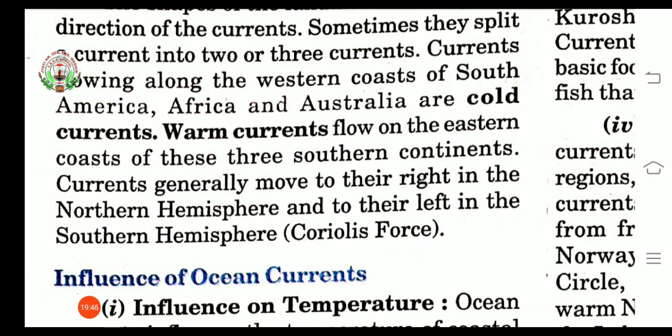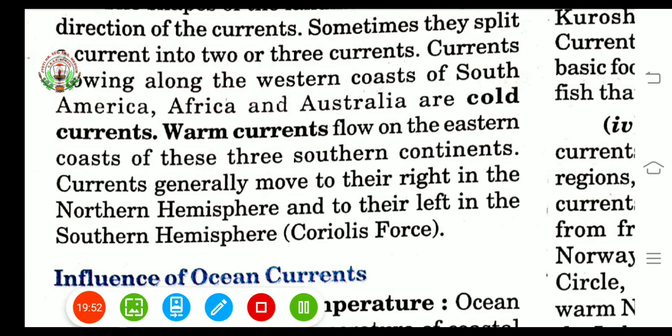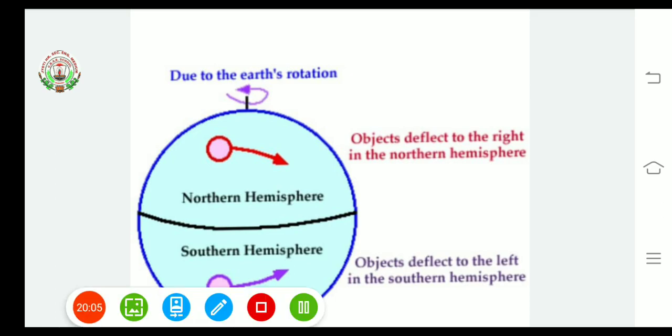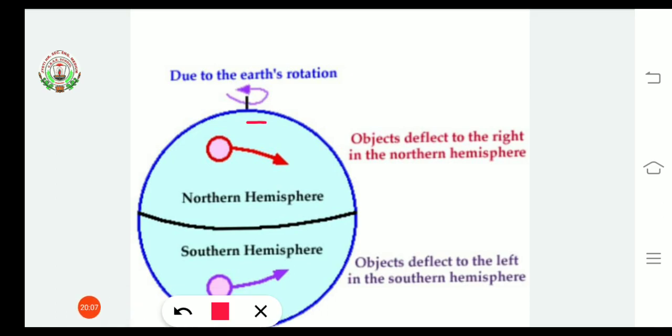One diagram I will show to you so that you can easily understand this Coriolis force. And this is the diagram. This will nicely explain the Coriolis force. Here you can see the northern hemisphere, and what is happening here?